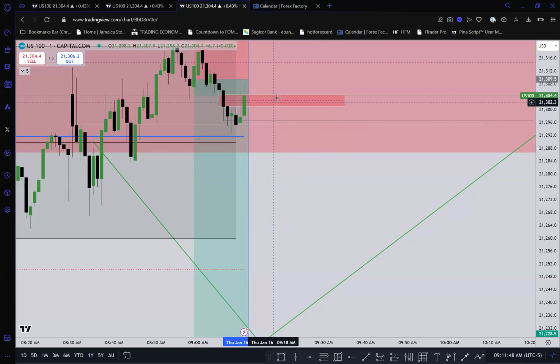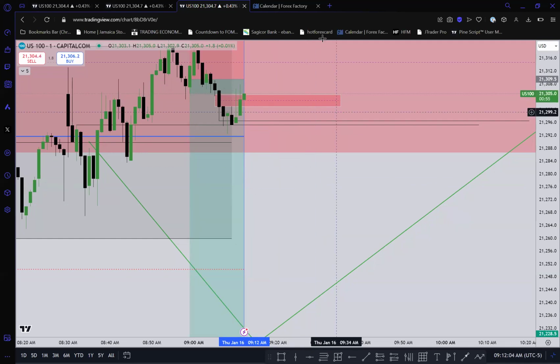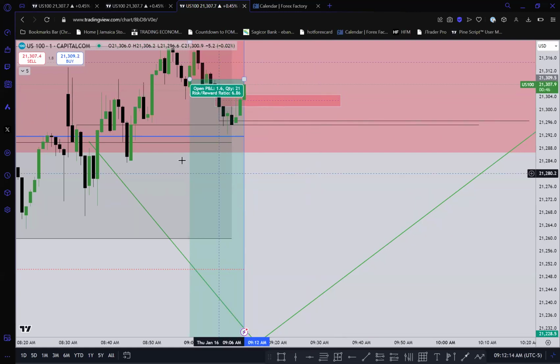We don't want this to be filled with bodies. Yeah, kind of too slow, kind of losing interest now. Because if we close above here, no bueno.